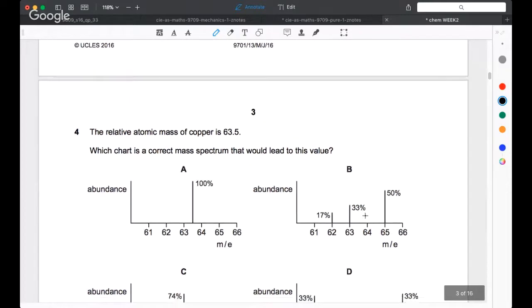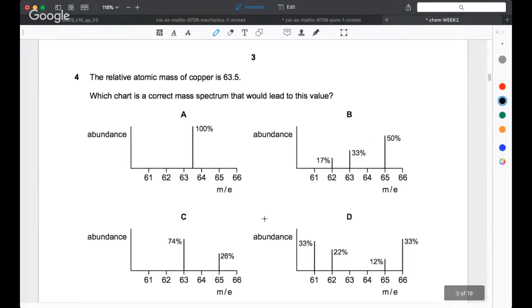The next question. So this is a mass spectrum. Do you know what a mass spectrum is? Do you know how it works? Okay, so it can't be this. Why can't it be?